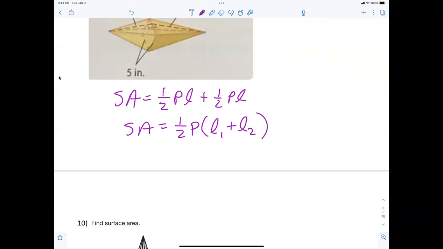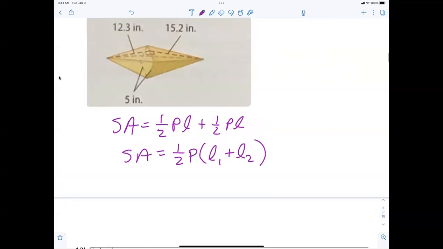Do I understand that? What did I do? I just factored out the perimeter and I factored out the 1/2 because they are exactly what? They're exactly the same. Are the slant heights the same? No. All right. So hopefully you understand that algebra there.